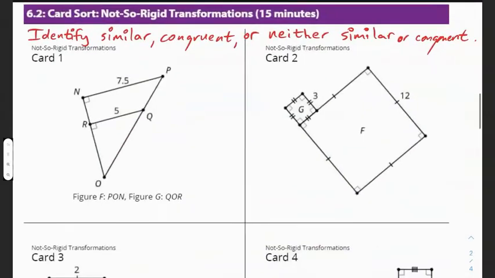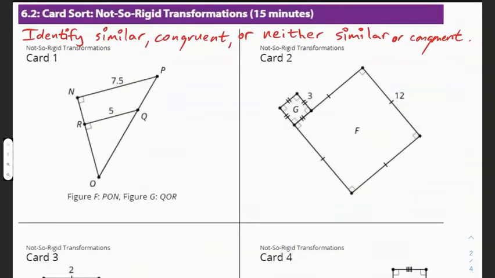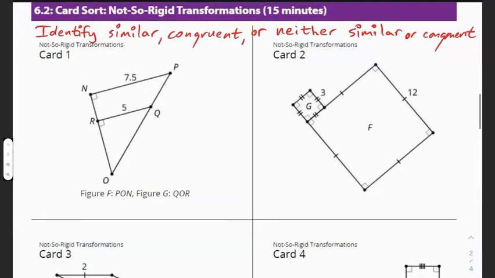All right, so this card sort would normally be applied in class. These would be cut out, and you would categorize whether the figures on each card are congruent, similar, or neither congruent nor similar. If you look at card sort 1, we have two triangles, a larger triangle and a smaller triangle.